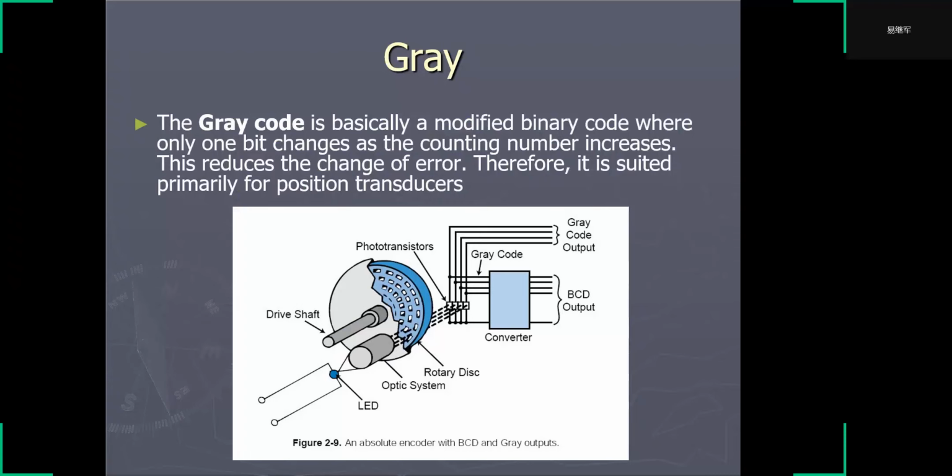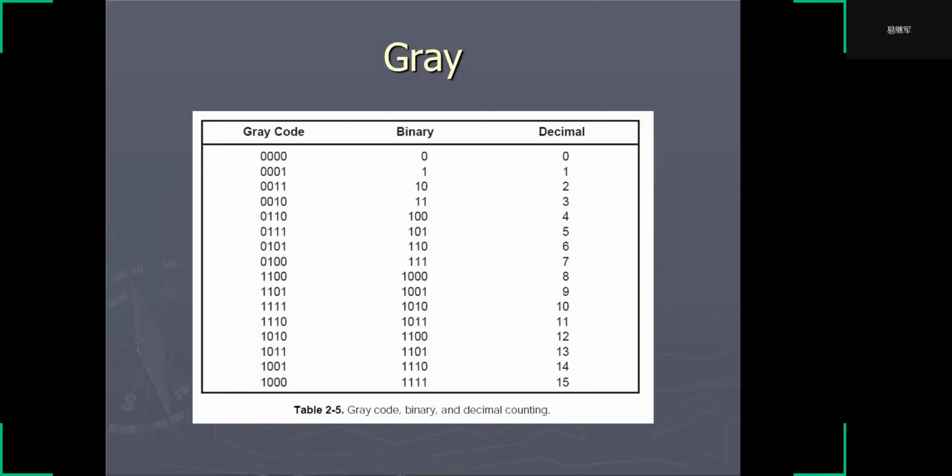When we use the sensor encoder, this is the Gray code. 0 is 0, 1 is 1, and so on through the sequence: 0 1 1, 0 1 0, 1 1 0, 1 0 0.